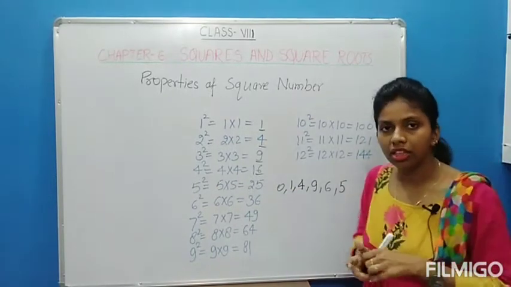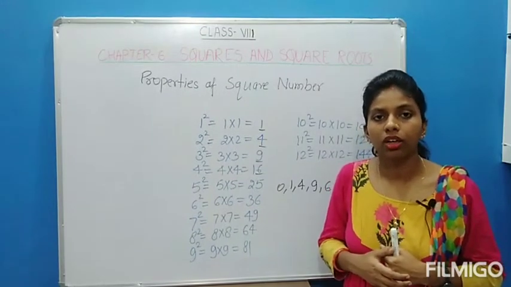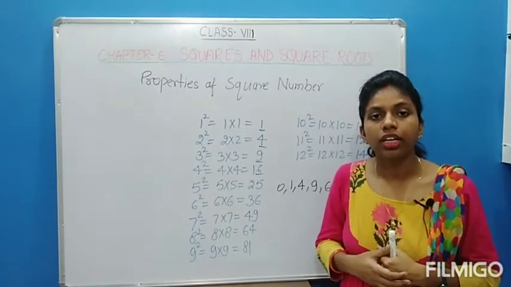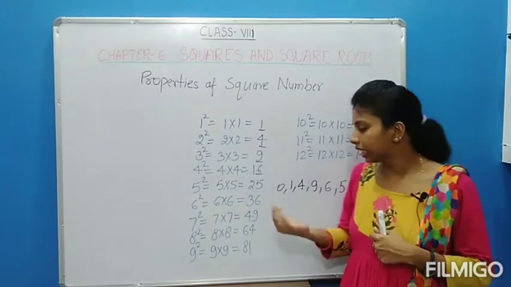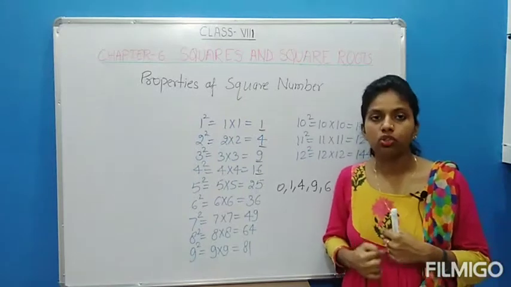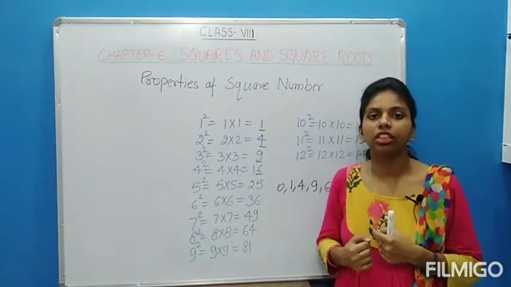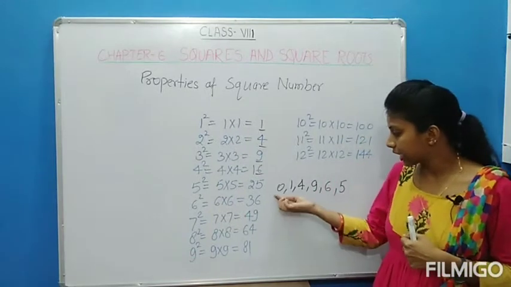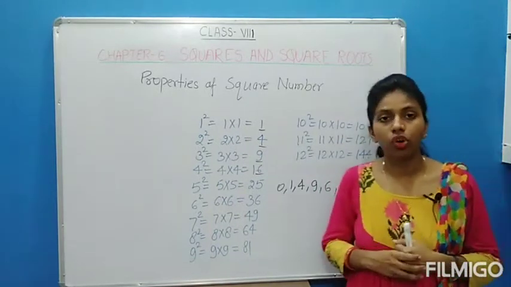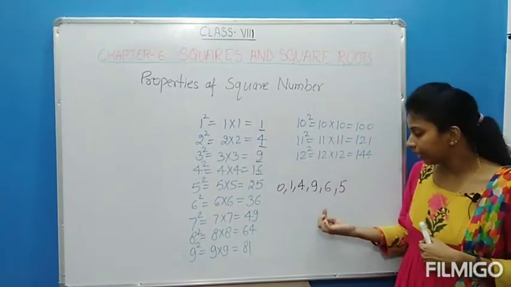So whatever number we take and square it, the square number always ends with these 6 numbers. All perfect square numbers always end with only these 6 numbers, that is 0, 1, 4, 5, 6 and 9.